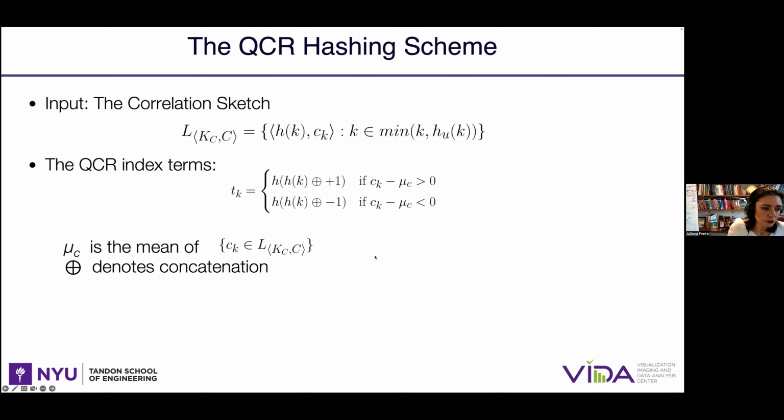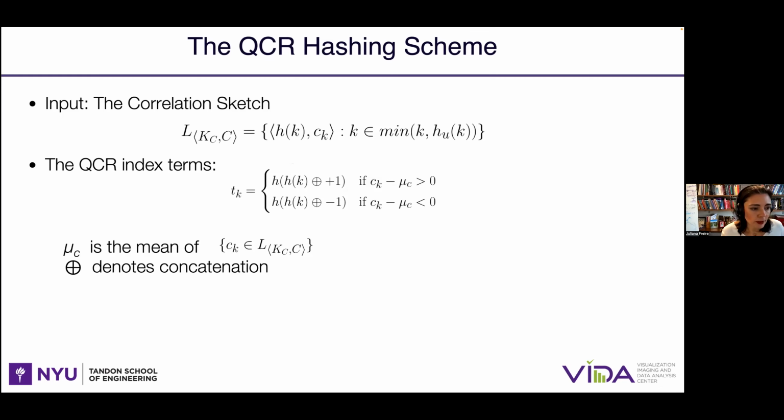These QCR index terms are defined by applying a hashing function over the key that was used in the correlation sketch. But now it appends a +1 or -1 to give an indication of which quadrant that value belongs to. And that's going to become clear in the next slide.